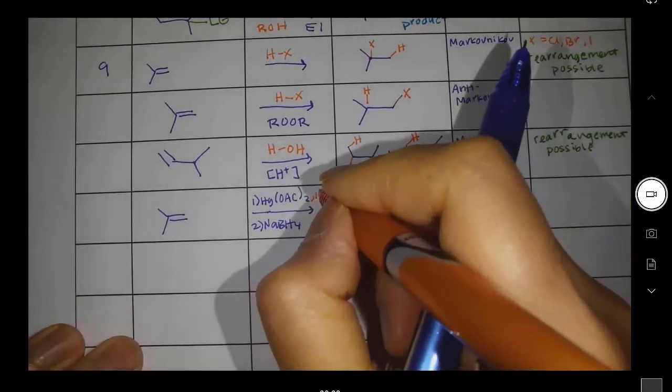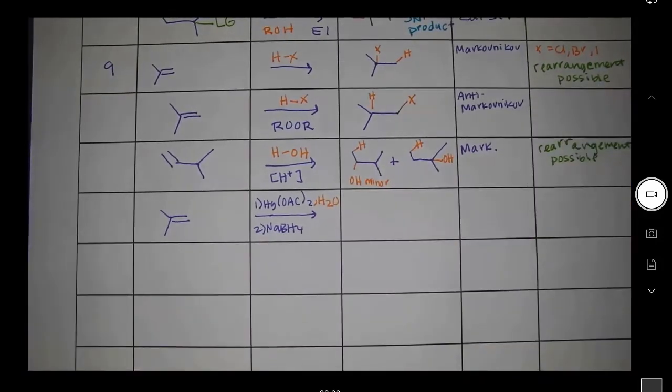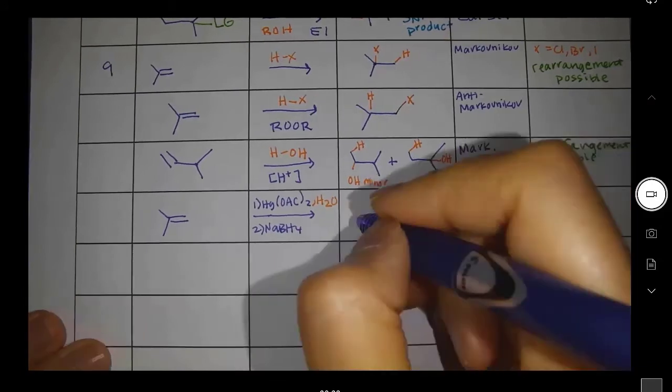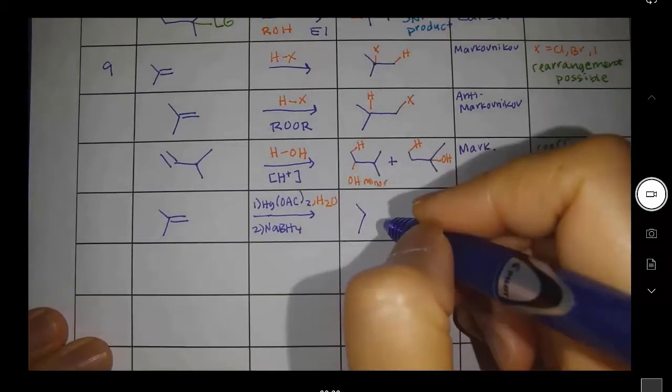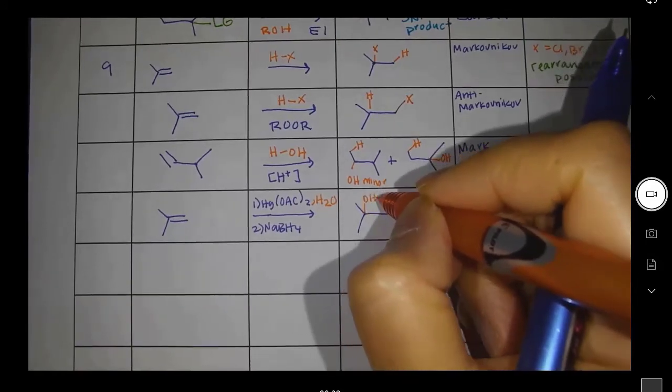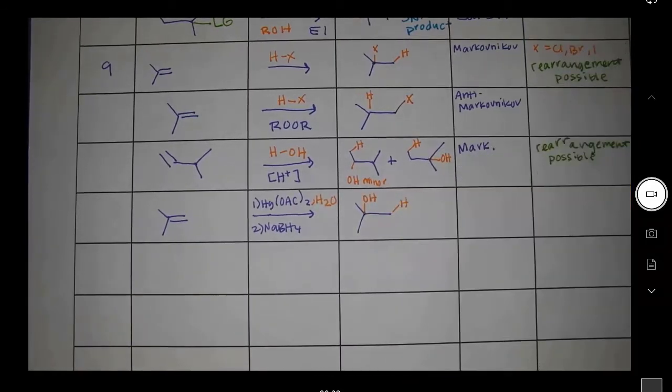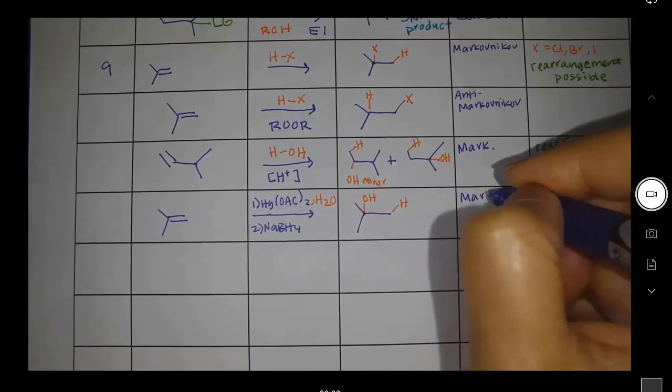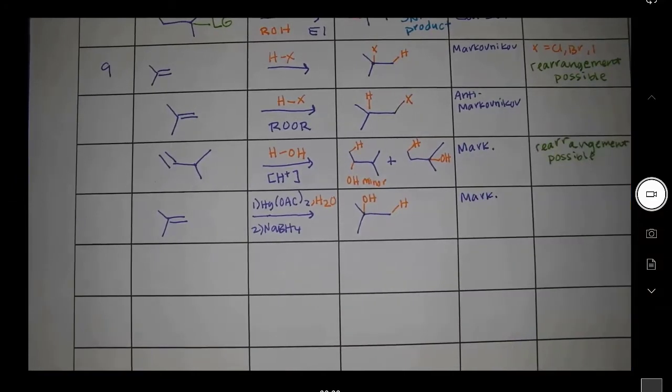Mercury acetate plus water. The water is going to be what it adds to the alkene at the end of the day here. So this one is a way to get an OH on the more substituted carbon at the Markovnikov position. And this one has no rearrangement possible.